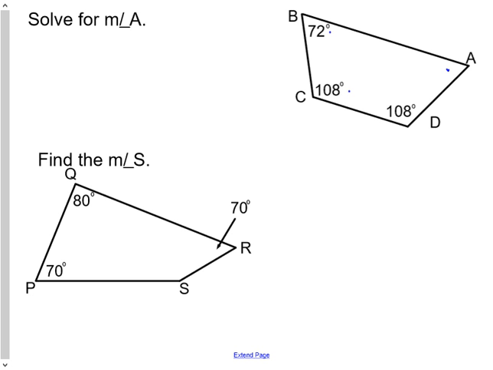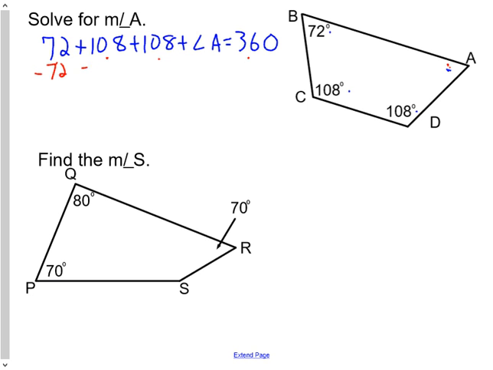We've got 72, 108, 108, and then A. So we would make the equation 72 plus 108 plus 108 plus A equals 360. To solve for one angle here, I'm going to take 360 and subtract the other 3 angles, so minus 72, minus 108, minus 108, especially if you're using a calculator.